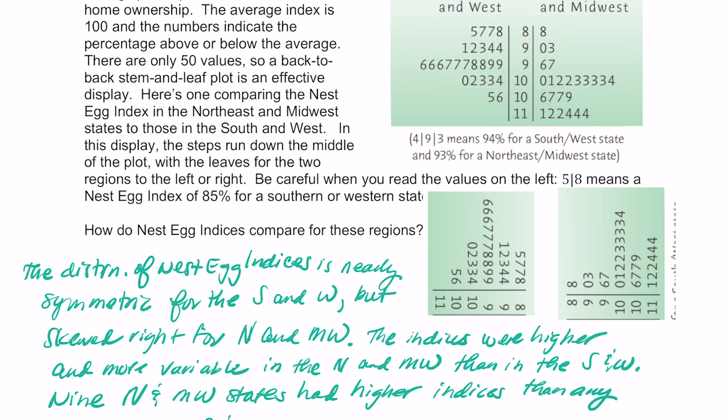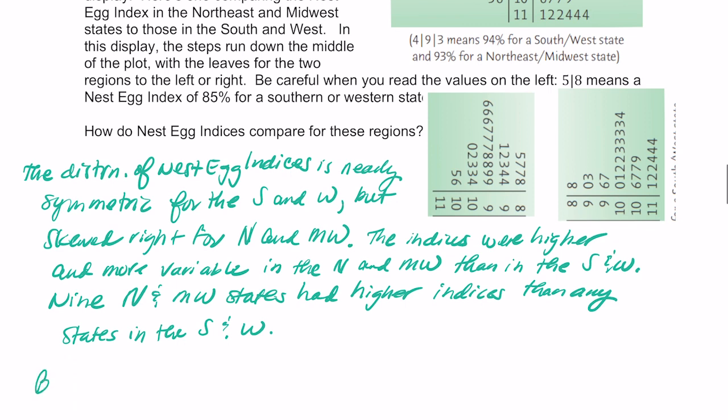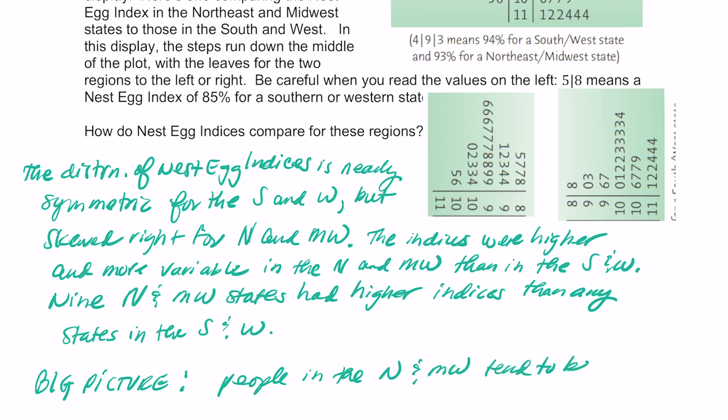So let's put here the big picture is people in the Northeast and Midwest tend to be better prepared for retirement than are people in the South and West.